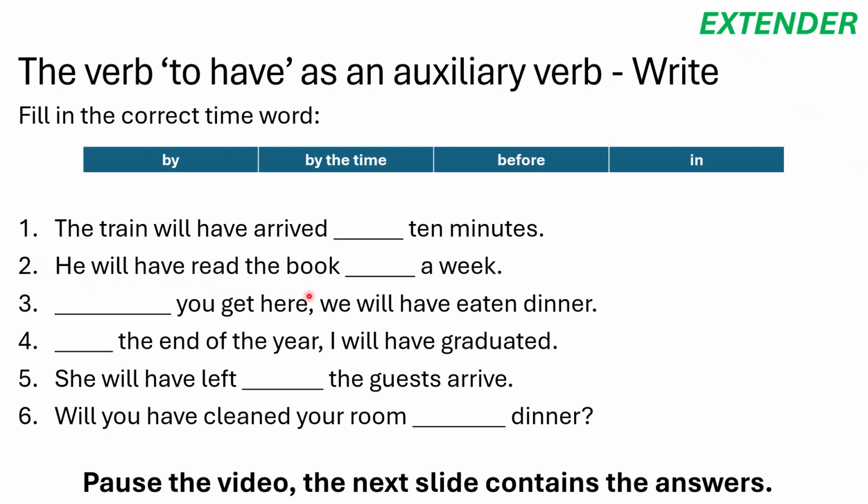He will have read the book ___ a week. 3. ___ you get here, we will have eaten dinner. 4. ___ the end of the year, I will have graduated. 5. She will have left ___ the guests arrive. 6. Will you have cleaned your room ___ dinner? Pause the video. The next slide contains the answers.